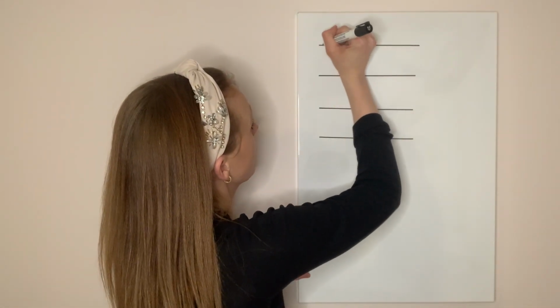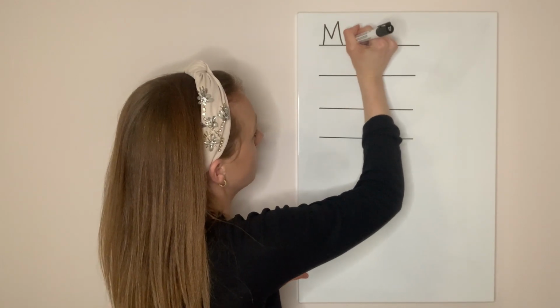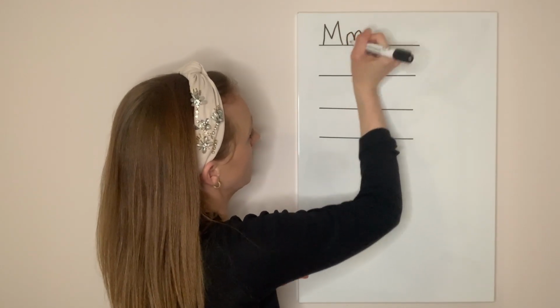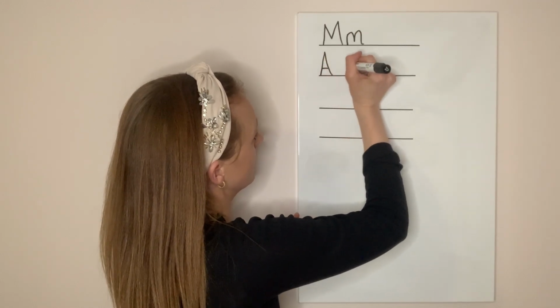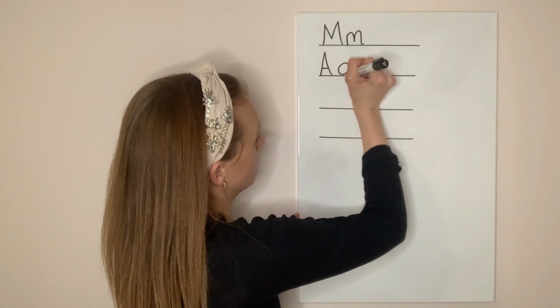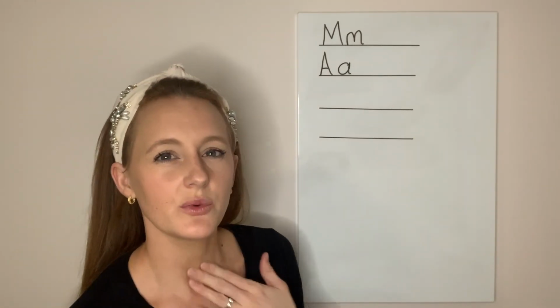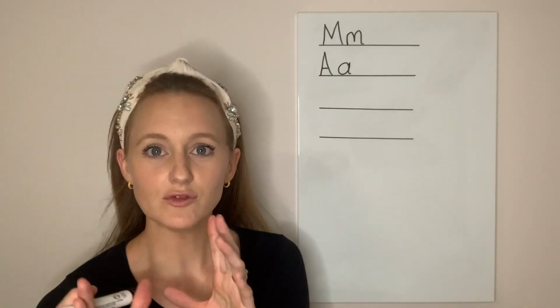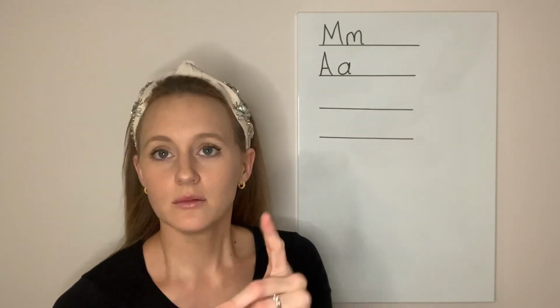We've learned our r, and we've learned a. Our new sound, a. I wonder if we can think of any words that have just these two sounds in them. I've got one.